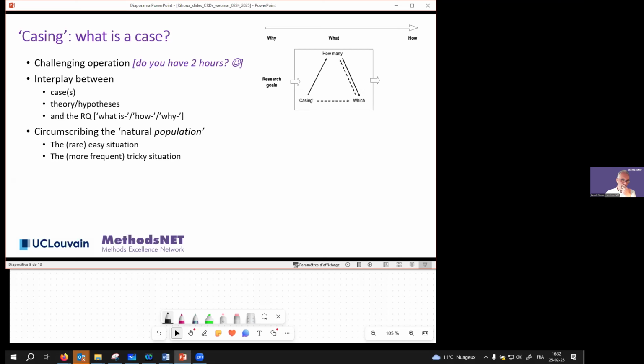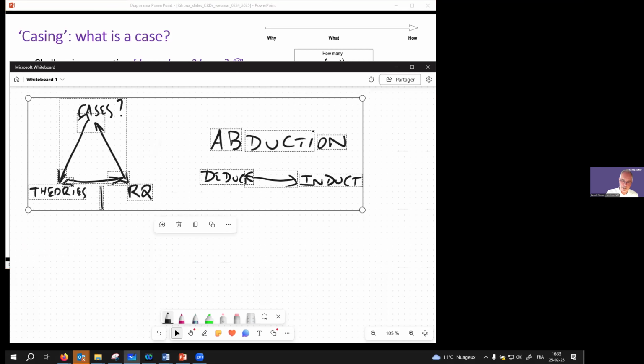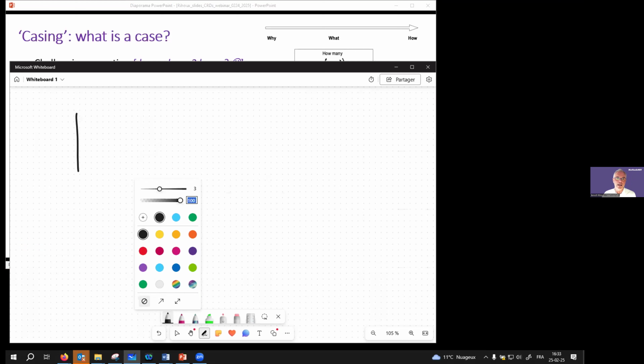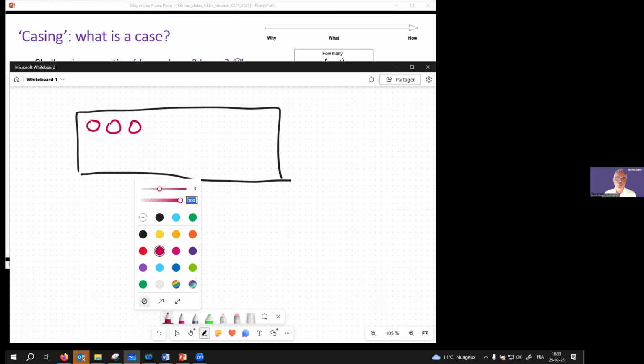Some situations are quite easy, especially if you work on some topics that are kind of formalized. Let's say that you have a firm, you're doing management research, right? You have a firm. It is very well circumscribed. It is a formalized entity, and this firm has a certain number of subunits that are also very well defined. Maybe a certain number of branches or shops, right?